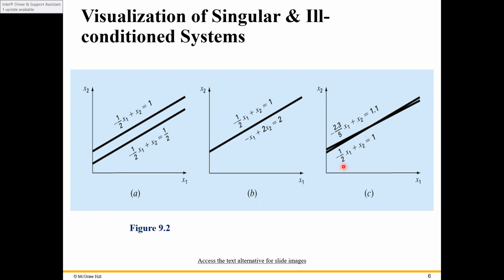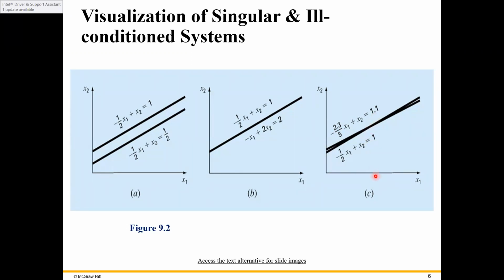And then we see that these equations are only slightly different in number. So for example, instead of 1 by 2, we have 2.3 over 5, which is also nearly 1 by 2. And instead of 1 over here, we have 1.1 in the equation over here, which is very close to each other.